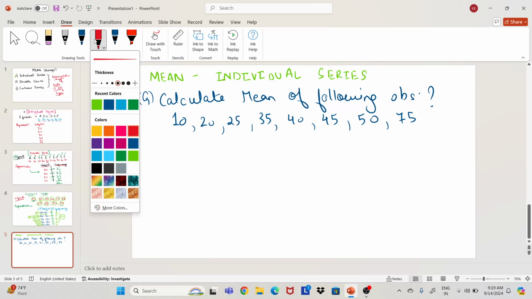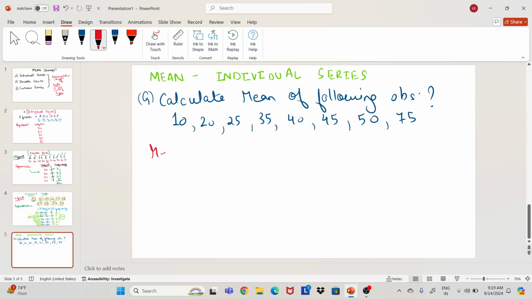So let's start. Mean is also known as x bar. For calculating mean, the formula is the sum of all observations upon the number of observations.